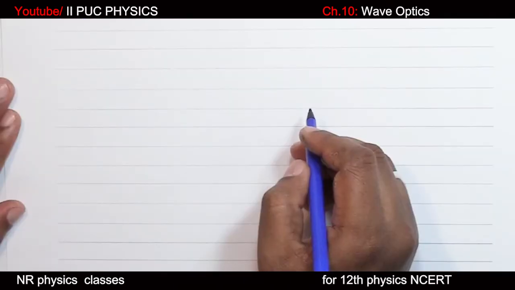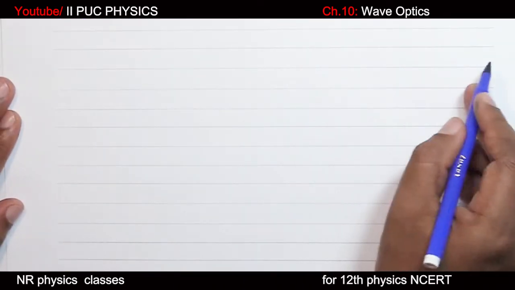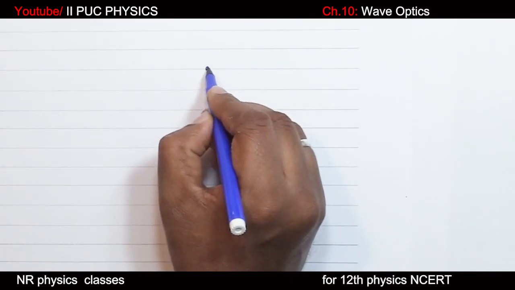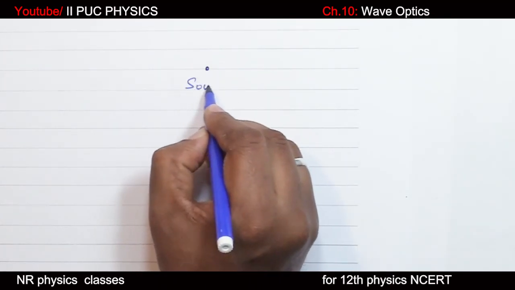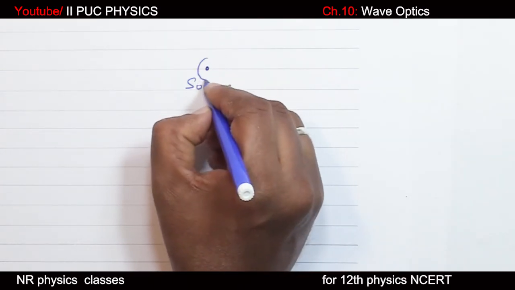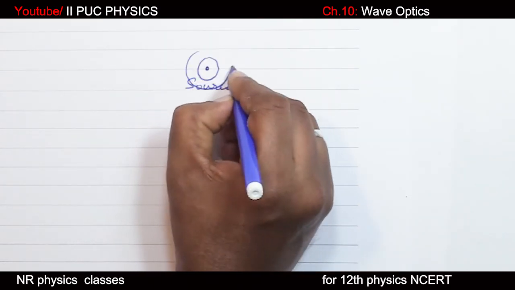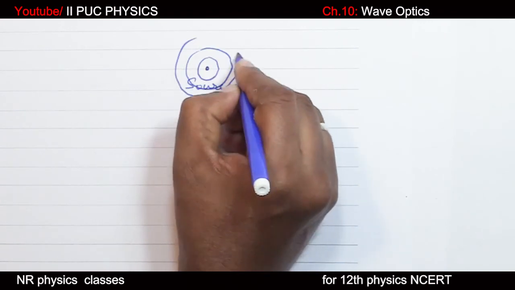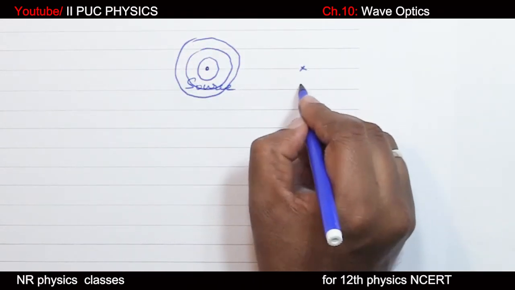Okay? A small topic, Doppler effect. This is a source. The source is emitting waves. These are the waves, and this is the observer.